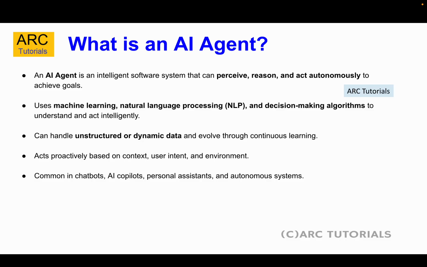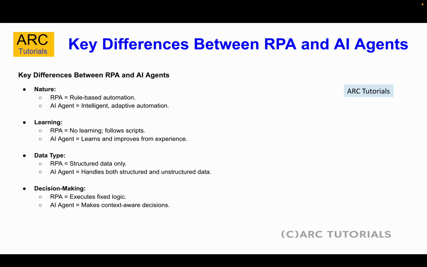It can be a flat text file, CSV, PDF, any format, whereas an RPA bot needs structured data. An AI agent can learn based on the data you keep providing, so it will learn and improve, whereas an RPA script will run with what is predefined. It acts proactively based on context, user intent, and environment. That being said, now let's go into the key differences.